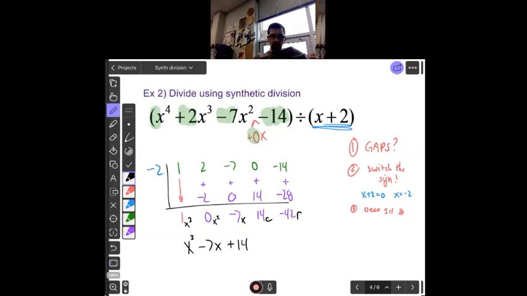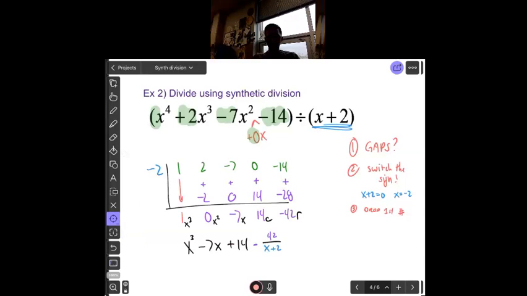Now, how do we write a remainder? Our remainders get written as fractions of the divisor. The divisor was x plus 2. So you write the remainder as a fraction of the divisor.